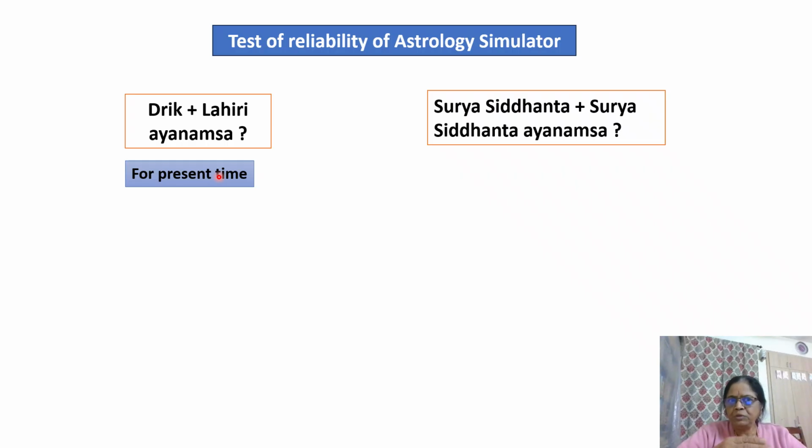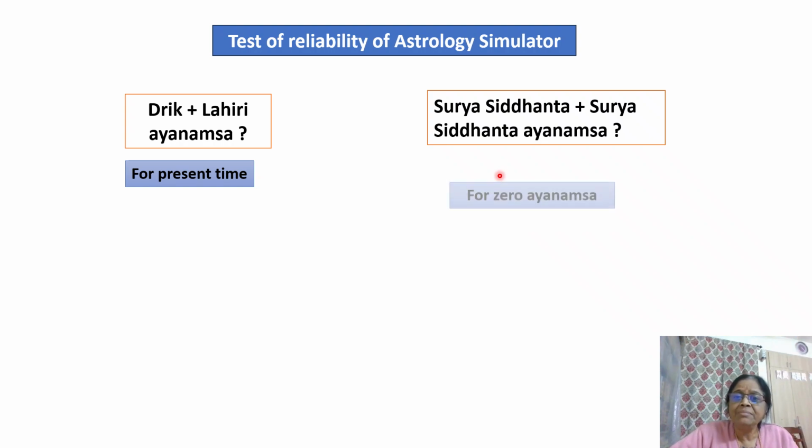For example, if you use Drik and Lahiri ayanamsa, 5,000 years ago, it will be showing Adhika Masa in Magha month. That is when the earth will be in the perihelion. In the perihelion, it will be moving very fast in such a way there won't be any Adhika Masa, but only Kshaya Masa occurring in 146 years or so. But the Lahiri ayanamsa will show, the extrapolation shows that. So this is ruled out. Drik or Lahiri cannot give you the date 5,000 years ago.